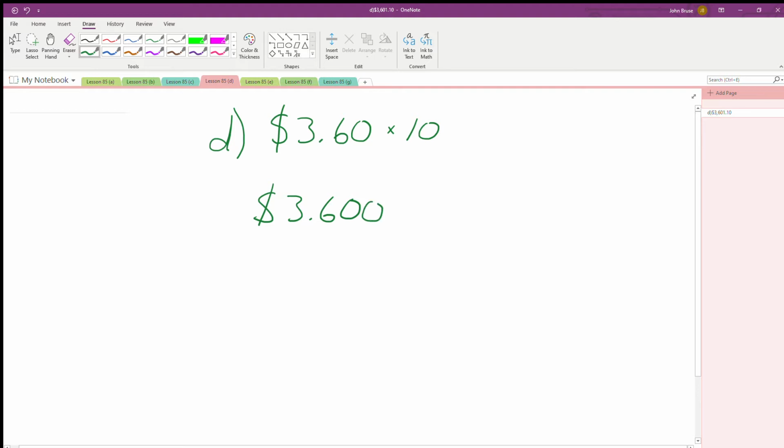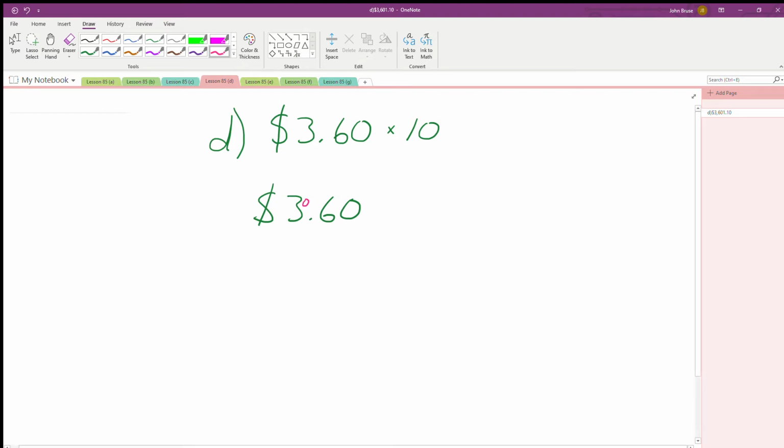But that doesn't really make sense, because we can't have that and it doesn't make any sense. So we're not going to do that. In this situation, the 0 technically is going to go on this side of the decimal because this isn't times a decimal, it's times 10. So our 0 would go there.